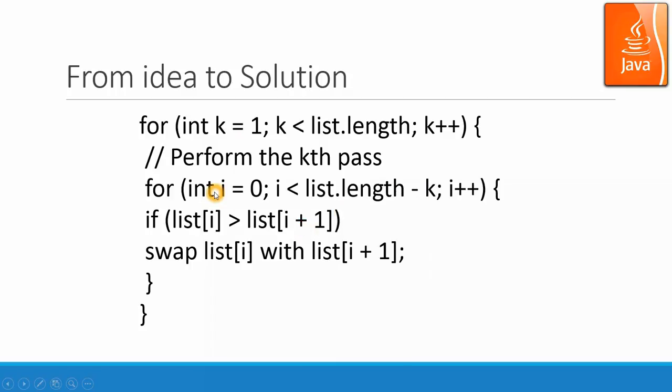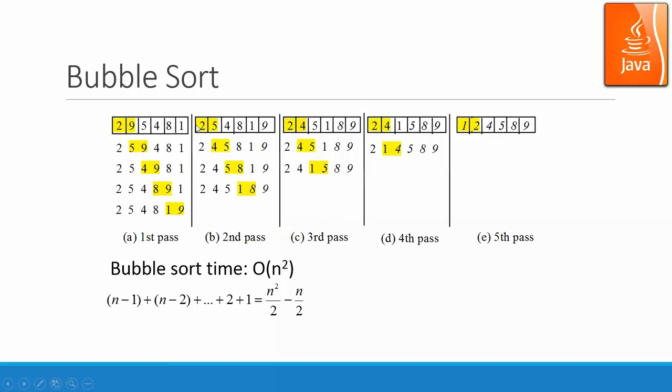We start from i equals 0 and do the comparisons, until list.length minus 3 with list.length minus 2. That's the last comparison and swap. So we get the second heaviest number, the second largest number, over here. We continue that until the whole array is sorted.